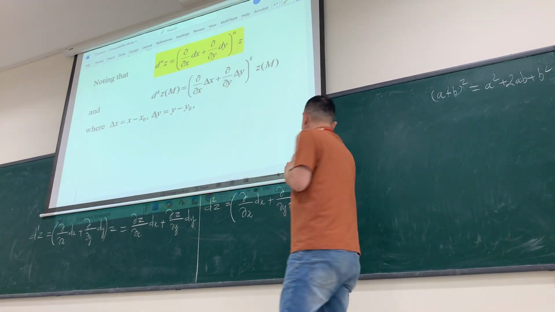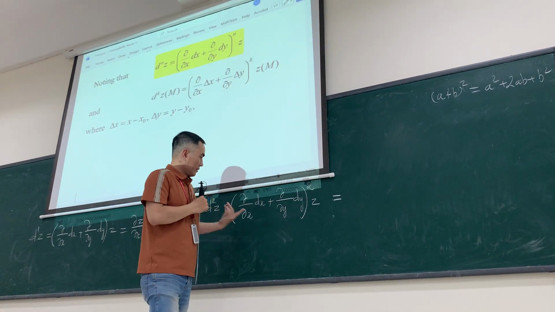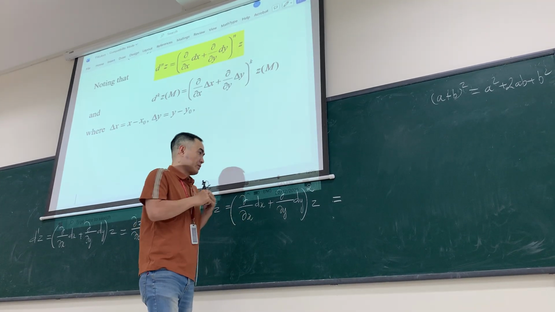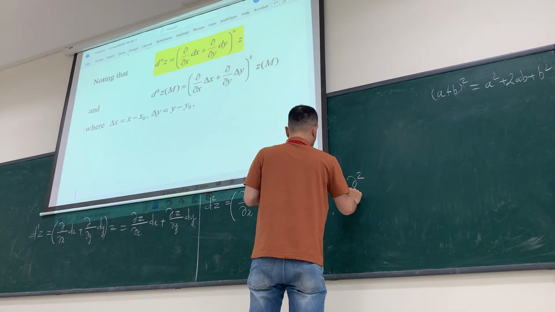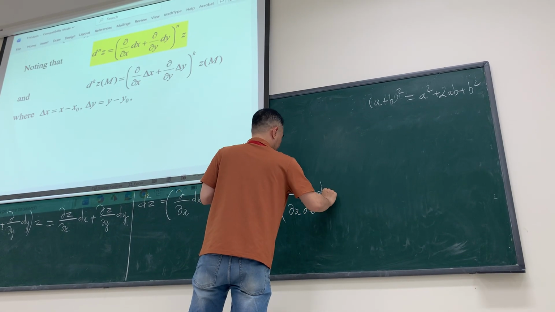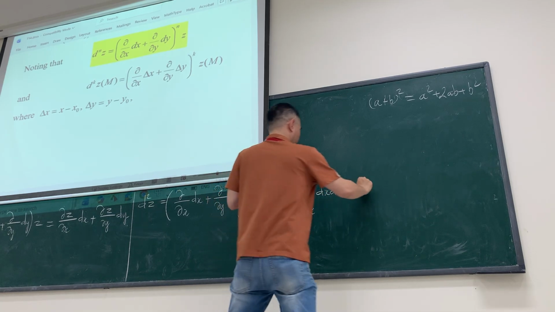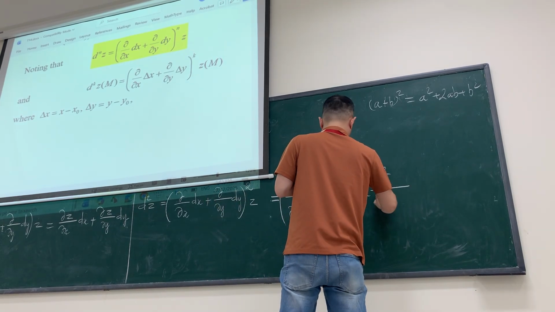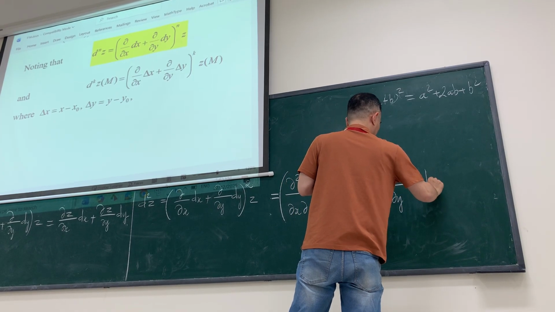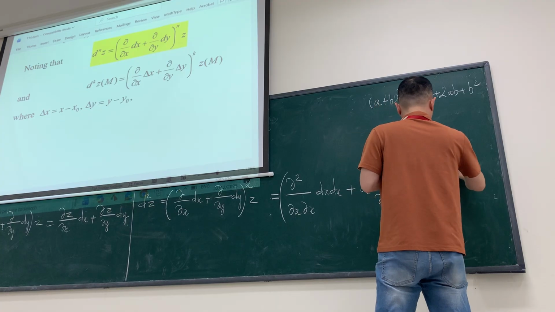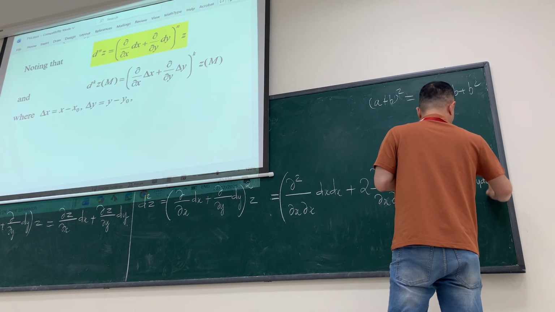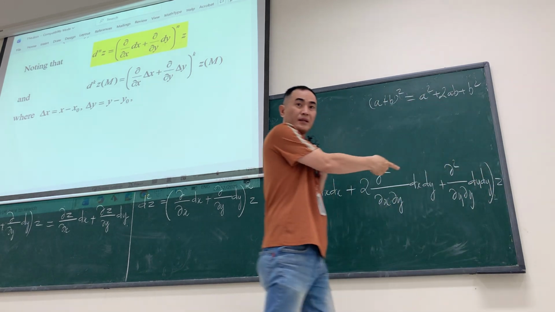We apply it here with a and b, and it is equal to dx partial x squared, plus 2 dx dy partial x partial y, plus dy partial y squared, applied to z.